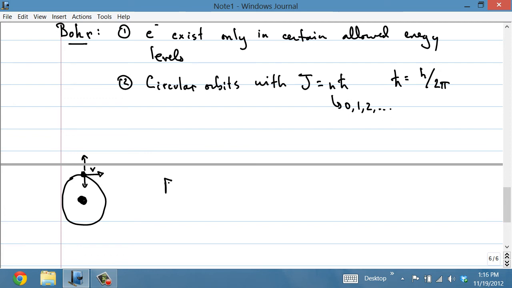So the force due to the presence of protons in the nucleus will be proportional to 1 over the radius of the orbit, with a constant of proportionality, c, that is proportional to the charge of the nucleus.